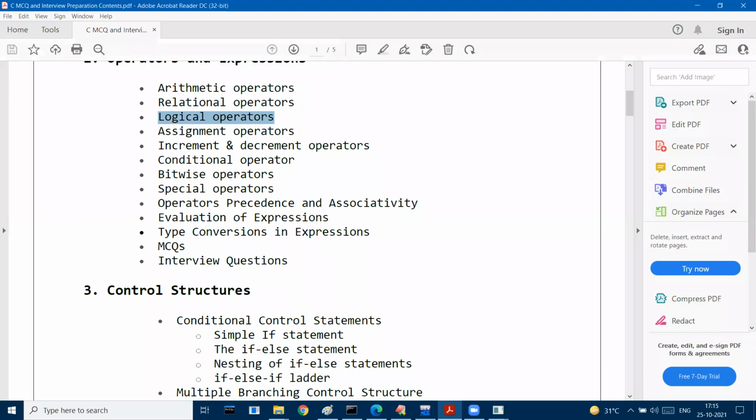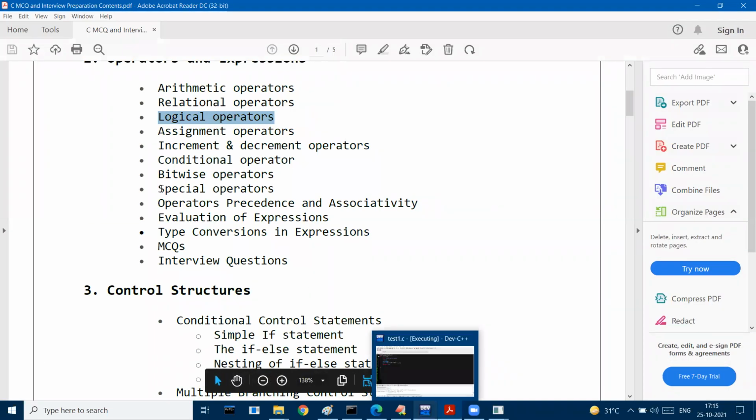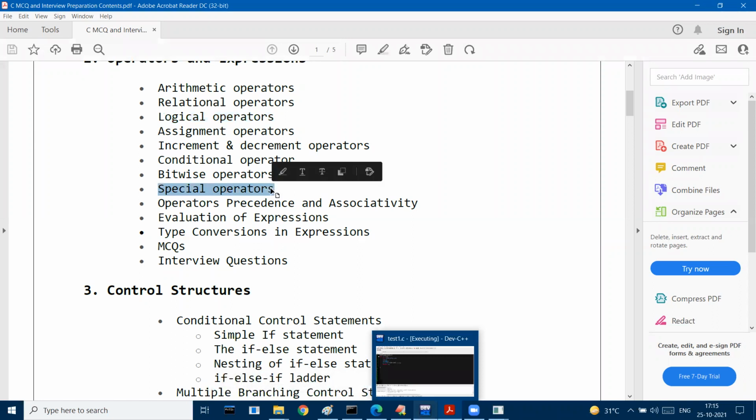Comma operator generally comes under the special operators. We have the comma operator as a special operator, the address of operator as a special operator, the sizeof operator as a special operator. There are some special operators, right? So the comma operator comes under the category of special operator.